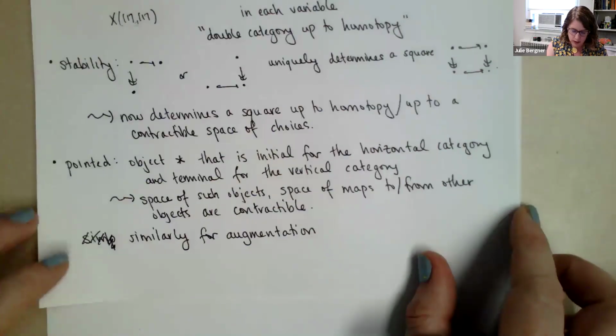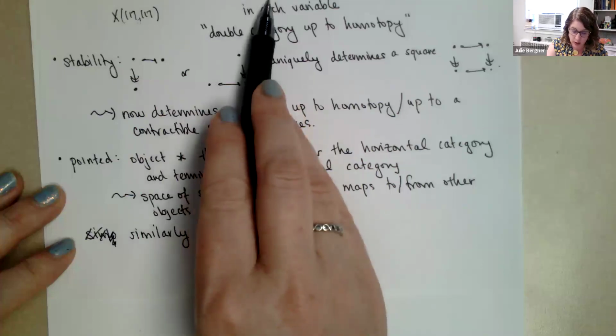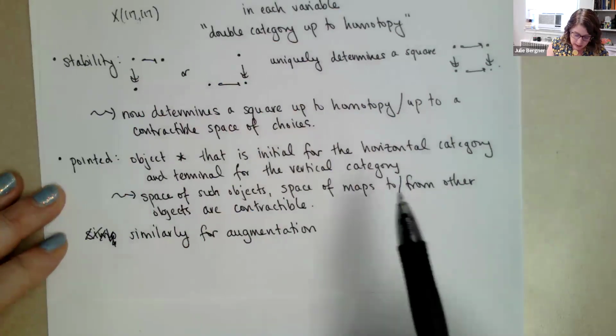And one way to organize this, if we have a double category, we think of this as being a bisimplicial diagram.